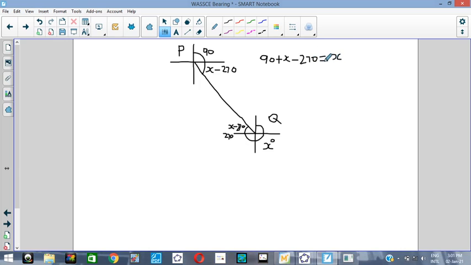Since X is a variable and not a like term, it is on its own. So we have 90 minus 270, and that is going to be negative 180 degrees. That is the result to this question: X minus 180.